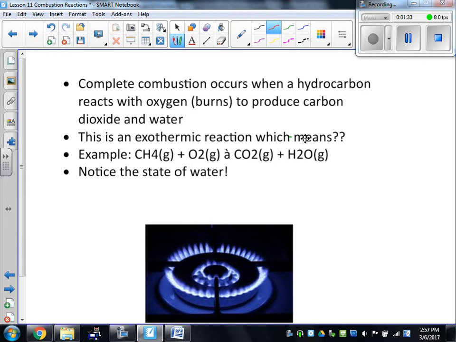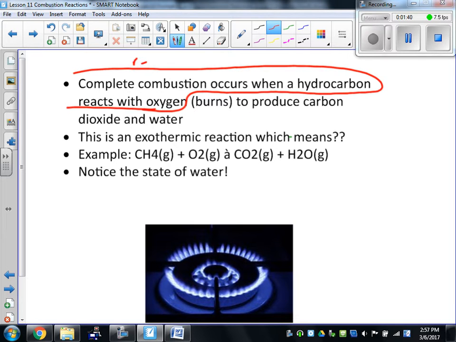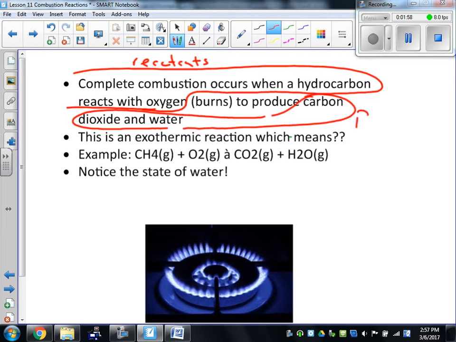So this part right here, the CH4, C2H6 plus oxygen, are your reactants. They always produce carbon dioxide and water, and those are your products, always.